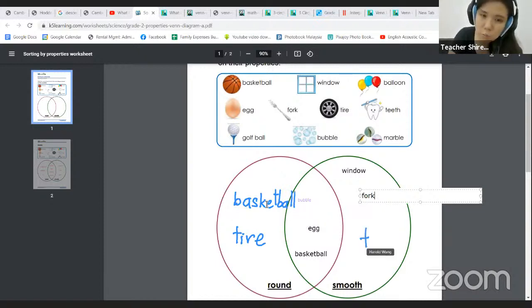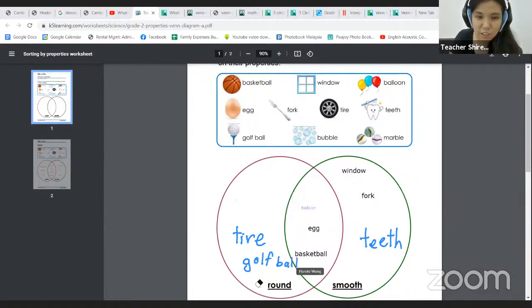But basketball, is it smooth? Do you guys think a basketball is smooth? Any basketball player here? To me, it's kind of smooth. So let's assume basketball is round and smooth. Golf ball is also round and smooth.